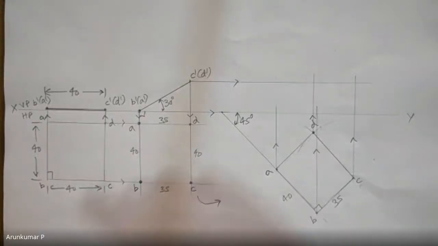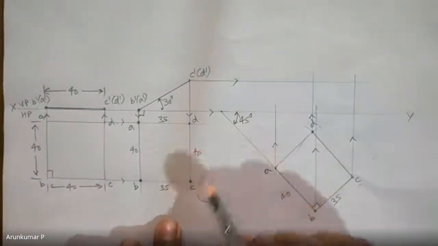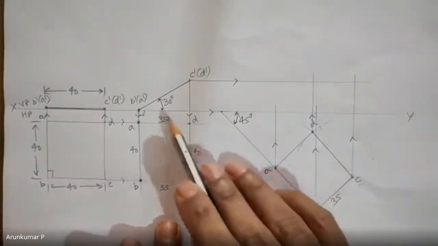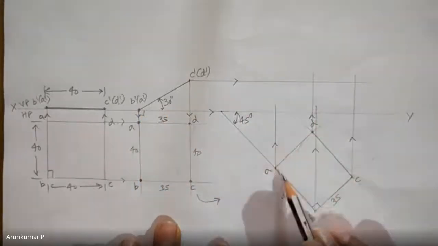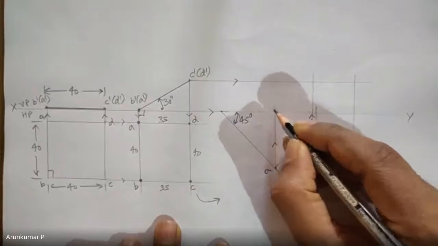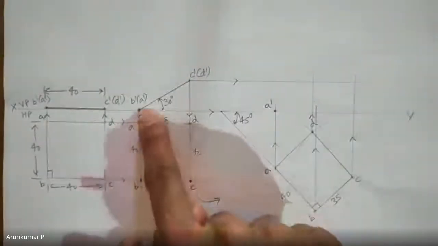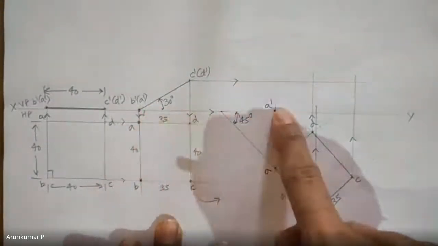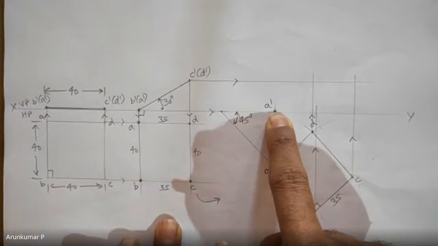Okay. So now let me find out the intersection points as I did in the second step top view. Please observe carefully. Intersection of the projector of A dash and projector of A, this point is A dash, front view.